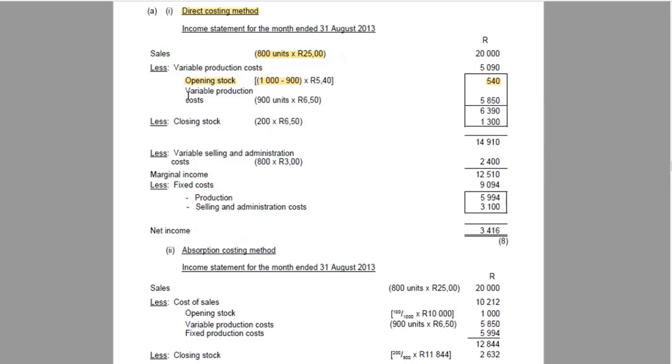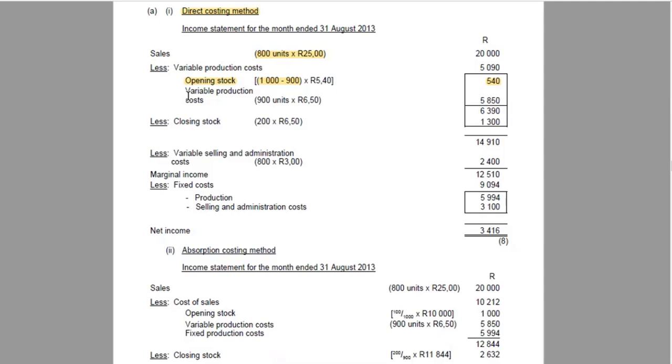Did you guys have any issue with finding or determining the variable production? Because it's straightforward. You just have to think about your current production units and the current variable production.